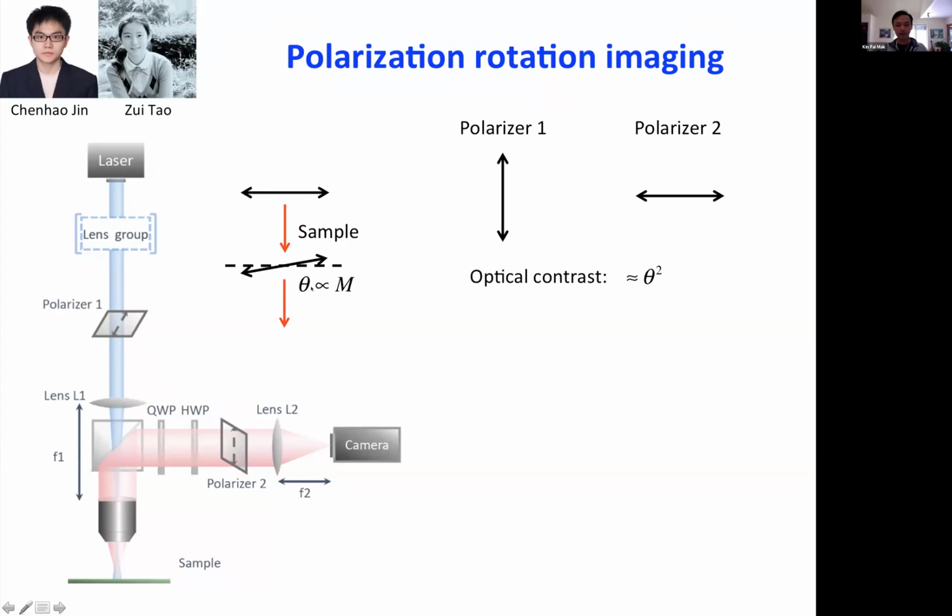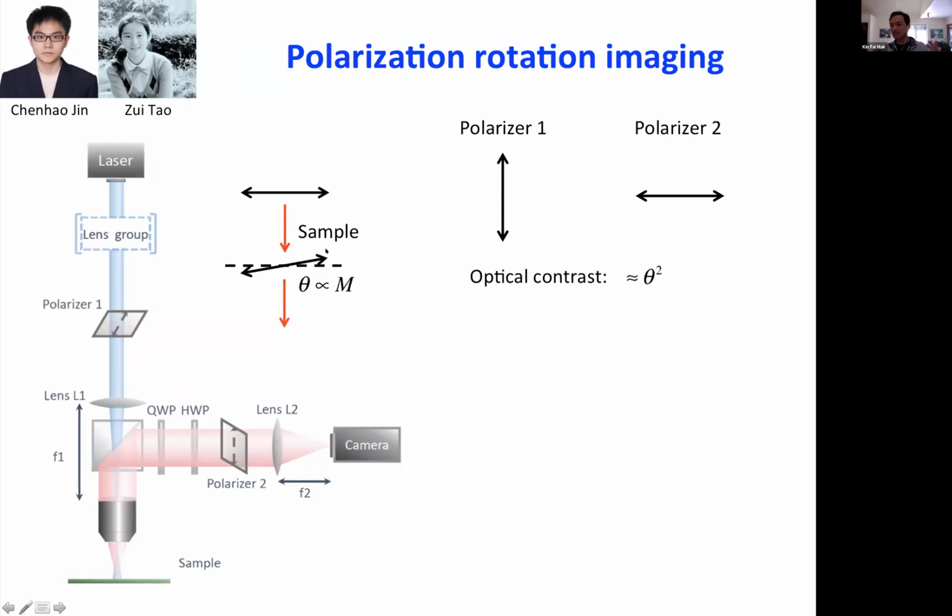I want to mention a few things about how to enhance the detection sensitivity using this method. It's polarization rotation spectroscopy. The simplest way to do it is to put a polarizer in the incident beam to polarize it. Then after it rotates by an angle theta, I put another polarizer, which is cross-polarized compared to the first polarizer.